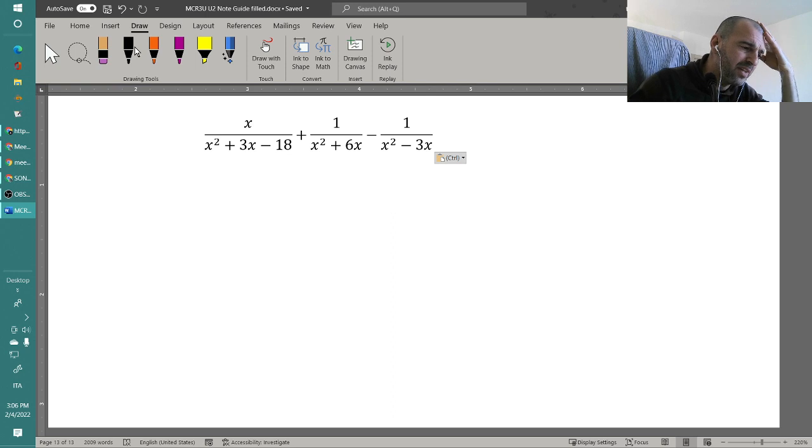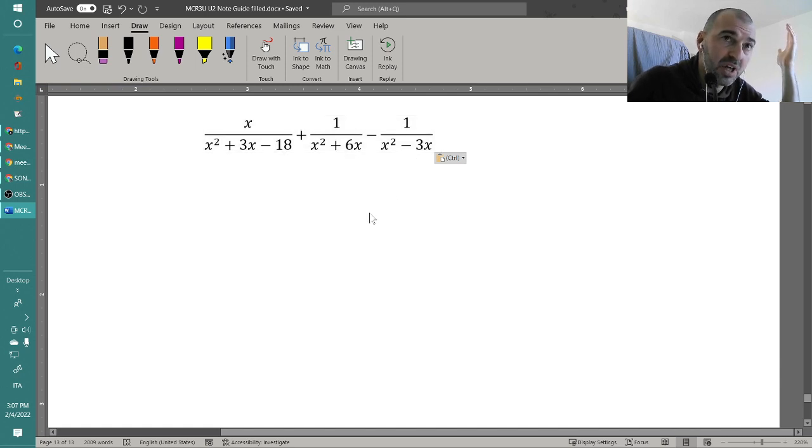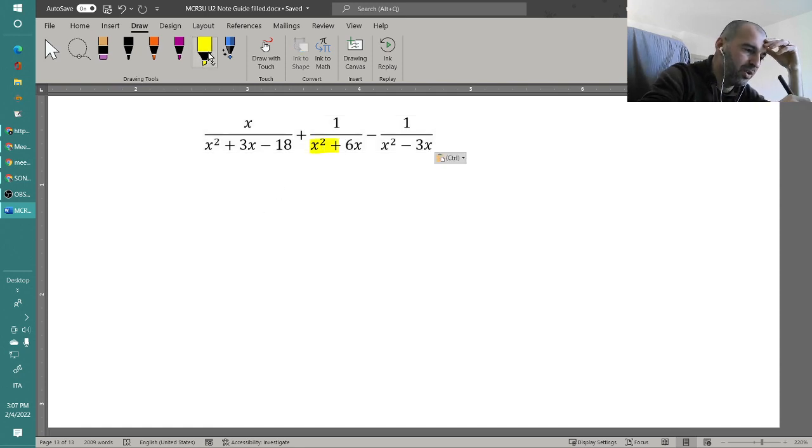When we have to add and subtract these things, our goal is to get a common denominator. Clearly none of these have the same denominator. I've got x squared, I've got 3, x squared plus 3 minus 18, and I've got a 6 over here. So none of these are the same. What a lot of students do is multiply this up into here and this up into here as well.